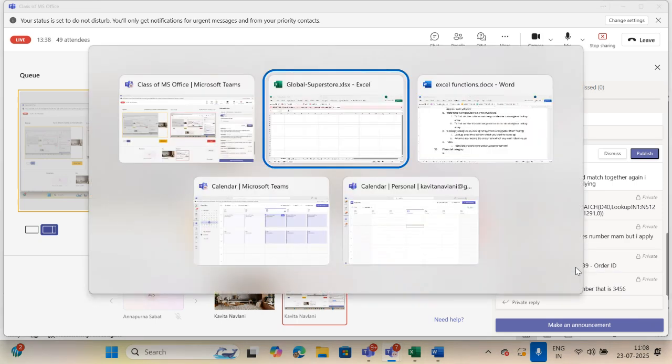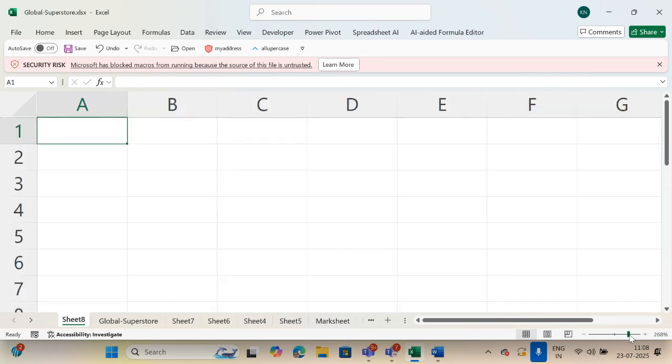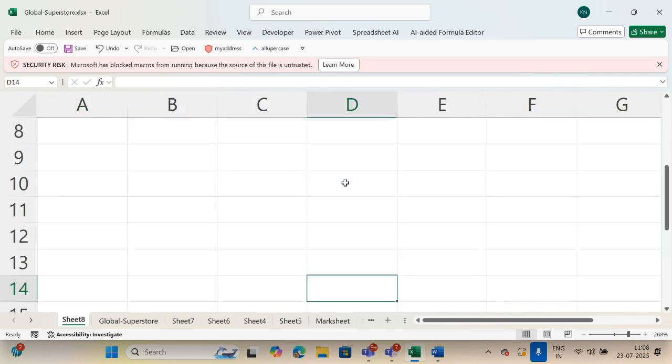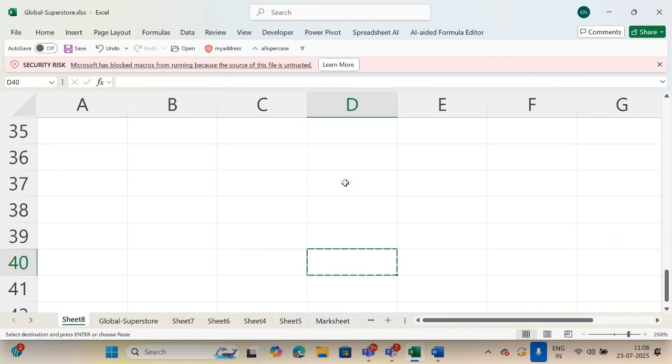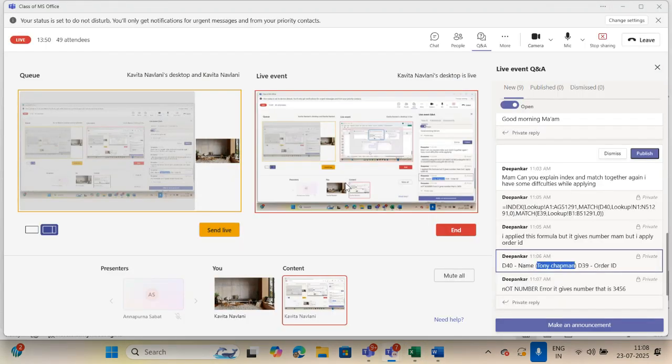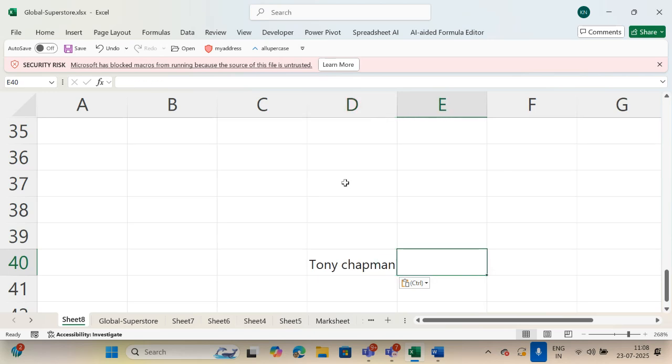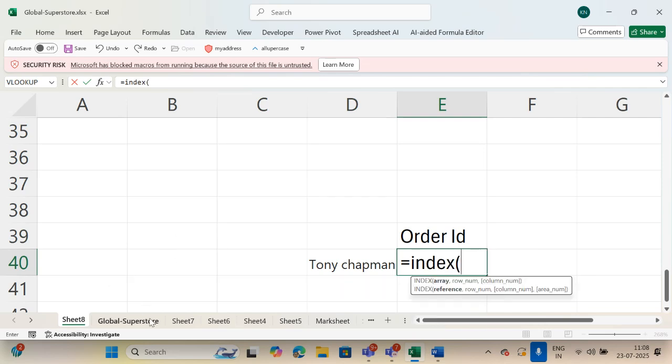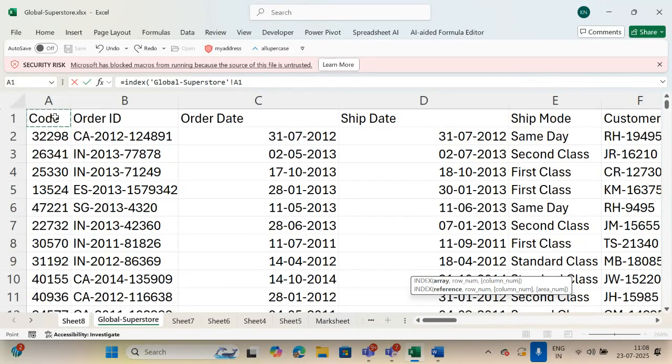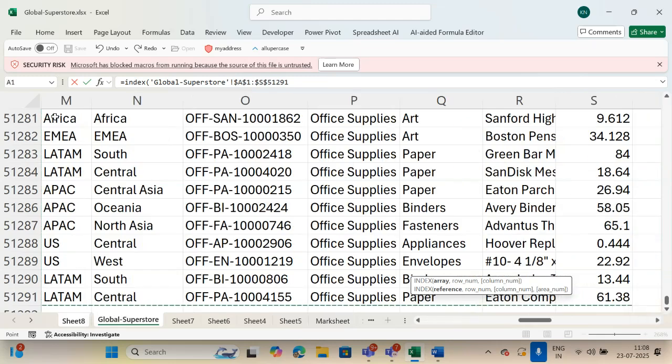See, suppose here is D40. Okay, this is D40, and I applied here order ID. So it is equal to INDEX. You have to take the complete range of the table, comma, then MATCH.